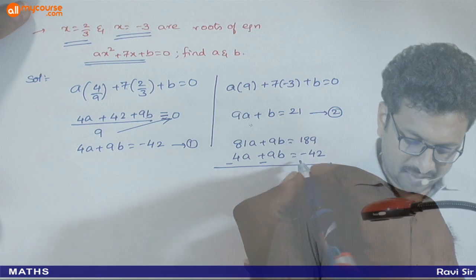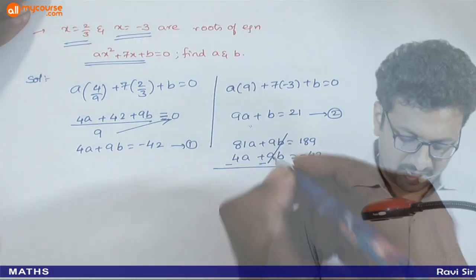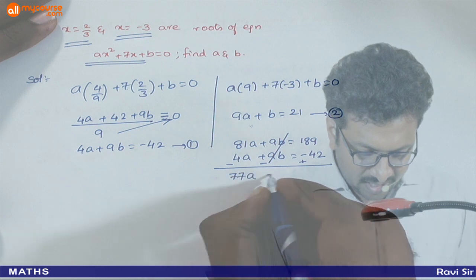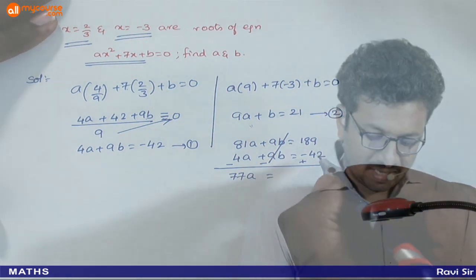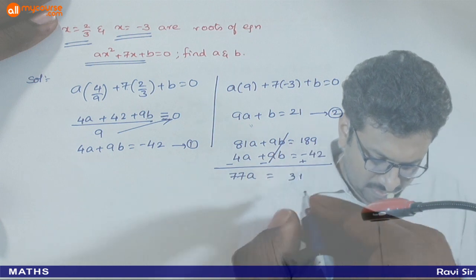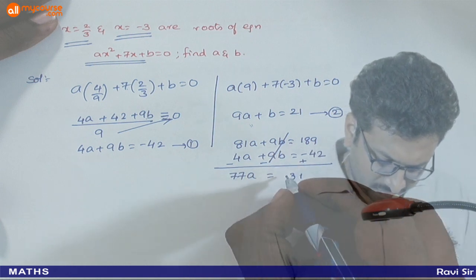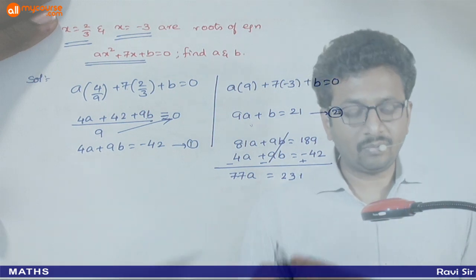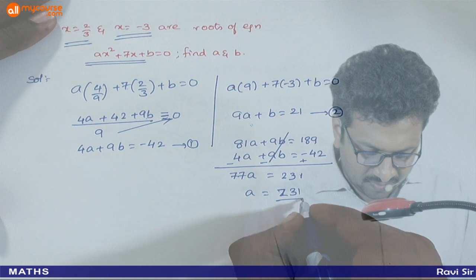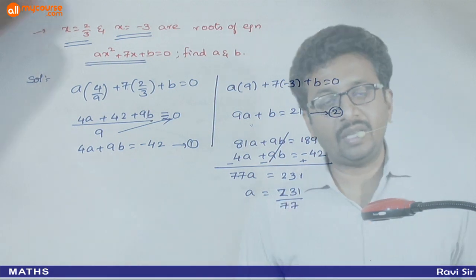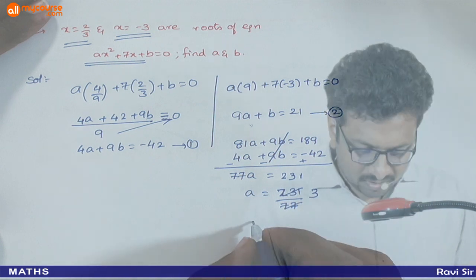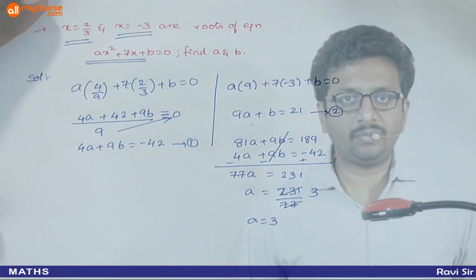If you subtract one from the other, 9b gets cancelled. 77a is equal to 189 plus 42, which is 231. So a is equal to 231 by 77. The 3 times cancels, so a is equal to 3.